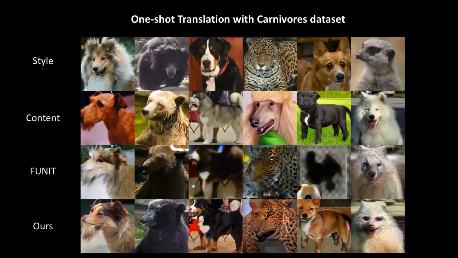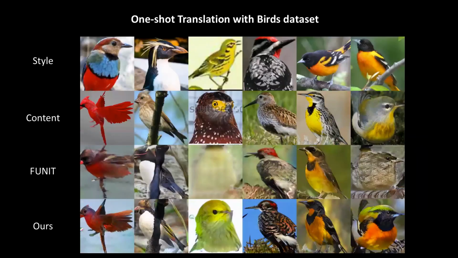Our architecture qualitatively shows better performance than the baseline method. While the baseline method doesn't produce realistic translation when the pose of content and style image are not well aligned, our architecture achieves photorealistic and content-preserving image translation.